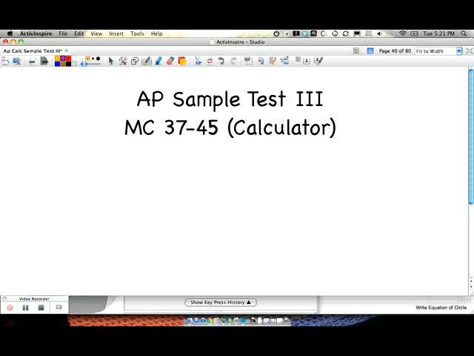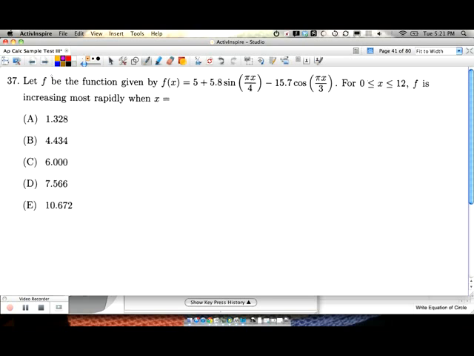Number 37 through 45, we're at the end here, the last 9 questions. Let f be a function given by, wow, that looks complicated. F is increasing most rapidly when x is, wow.